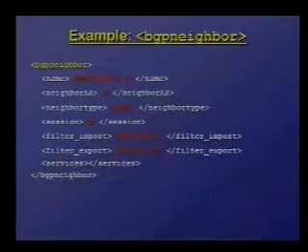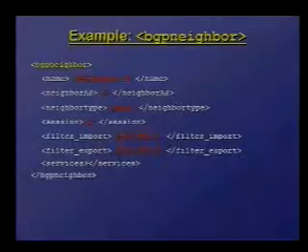Now, a BGP neighbor is being set up over here, which has a certain neighbor AS. This is then used to generate the BGP statements. Then you have a certain neighbor type that can be used to figure out how to realize the BGP peering policy. And then you have a set of sessions associated with it, in this case only one. And here we have filter, import, and export statements. These are not realized by the system itself.